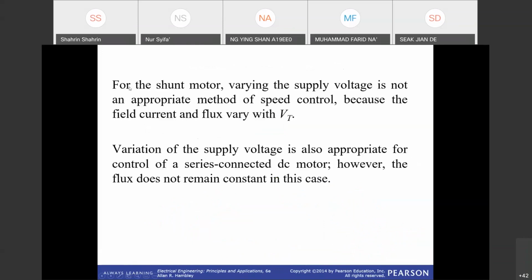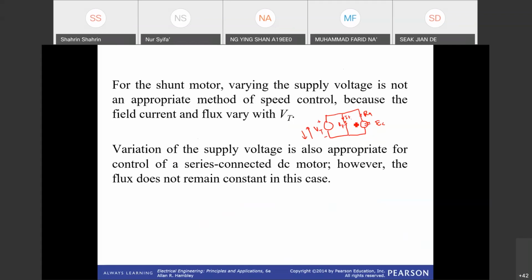Okay, so this is why for the shunt motor, varying the supply voltage is not an appropriate method, because the field current and flux will vary with VT. Okay, because we know that for the shunt, you have RF and your RA here. So when you change the voltage, your IF will also change.